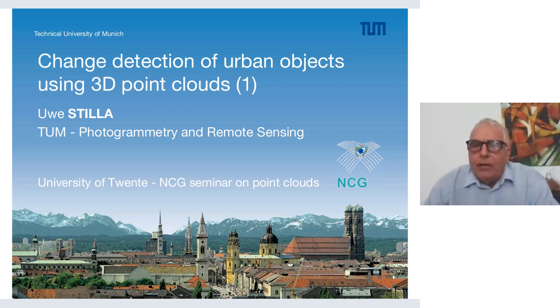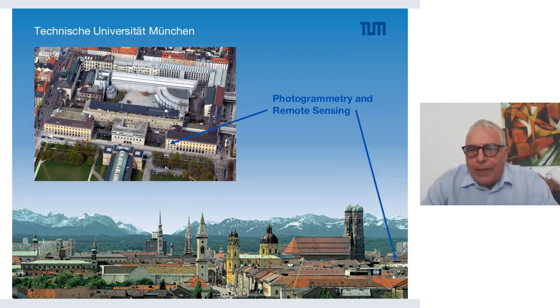So my title is Change Detection of Urban Objects using 3D Points. I have split my presentation because I'm not really sure if I'm able to show both parts. It's a little bit more application oriented. First of all, I want to show where I'm working here in Munich.